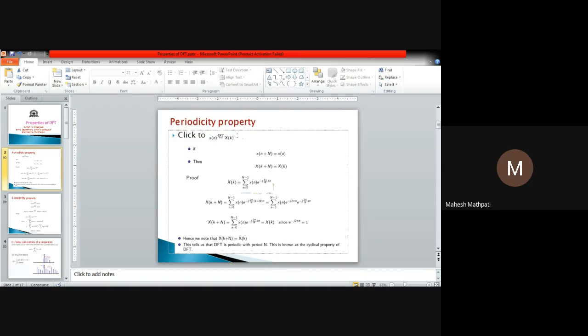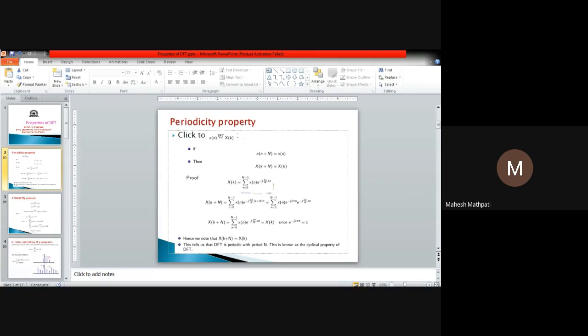Just note down that e power minus j 2 pi n is equal to cos 2 pi n minus j sin 2 pi n. e power minus j theta can be expressed as cos theta minus j sin theta.